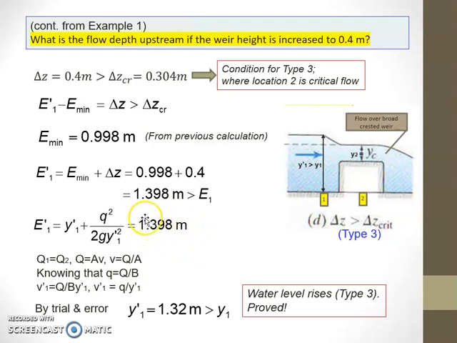Okay, so based on this equation, you can solve directly. Your Y1 prime is actually 1.32 meter, and you have to make sure the new Y1 in the type 3 condition must be larger than Y1 previous, which is 1.2 meter. Okay, so this is how you are going to self-check your calculation.